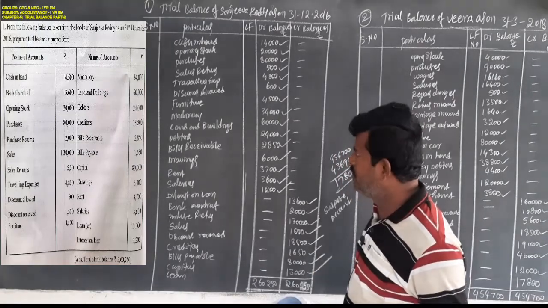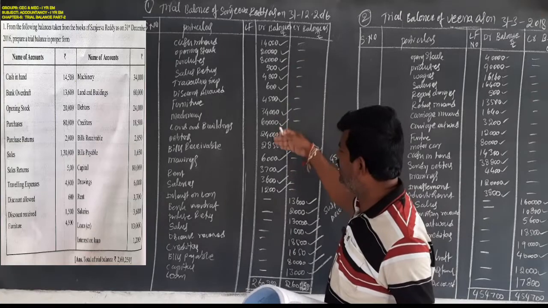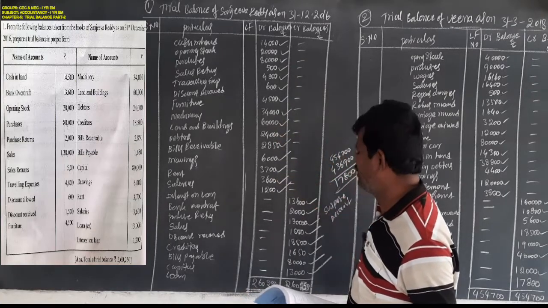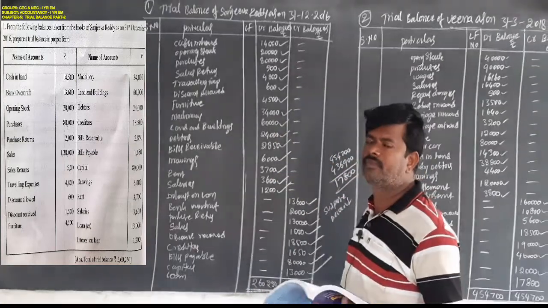So first you have to write the aspects of the debit side, then write the credit side, so there is no confusion.